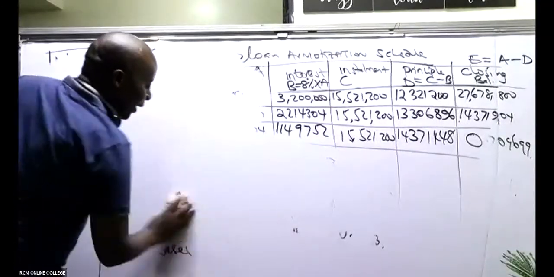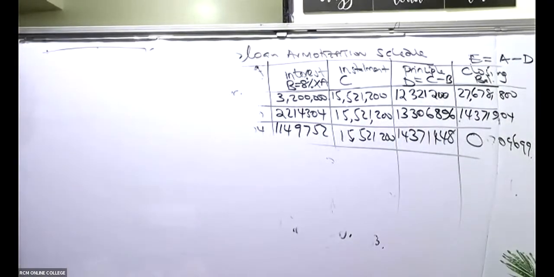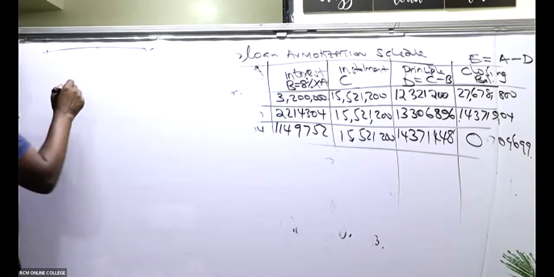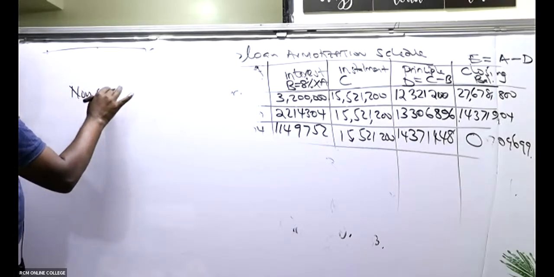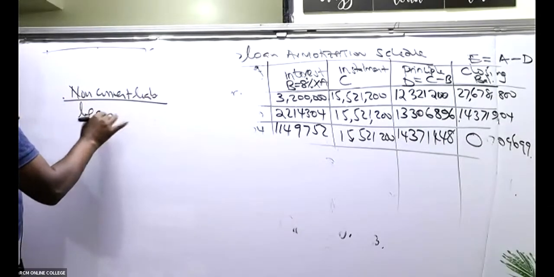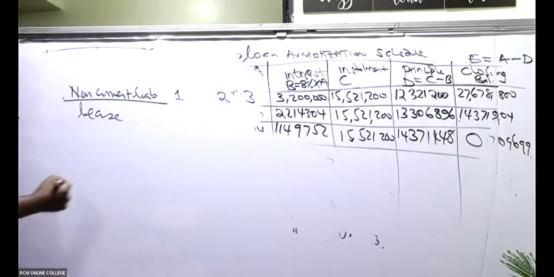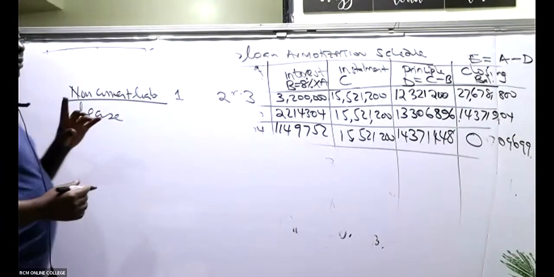And I'm only going to write the non-current liabilities and the current liabilities. So we have here non-current liabilities. So we start with lease. So we have here 1, 2, 3. So you see, non-current means what?